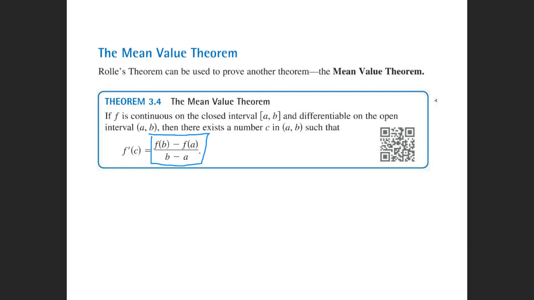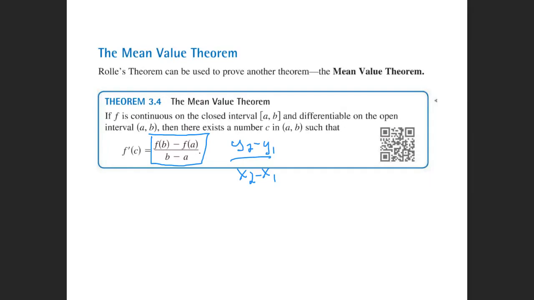What if I wrote it this way? That is a slope formula. This is a slope formula because this really is y. When you plug b into f, this would be y2, this would be y1, this would be x2, x1. This is a slope formula.